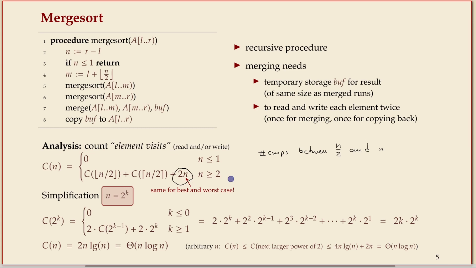The second step is a pure math exercise, and you've done it a little bit in the tutorials for a simpler example. Here, one thing you can do is simplify by saying n has to be a power of 2. I'm only solving the recurrence for a power of 2. Then the rounding always works out evenly, and you don't have to round. Then the recurrence simplifies to this, and you can explicitly spell out what happens.